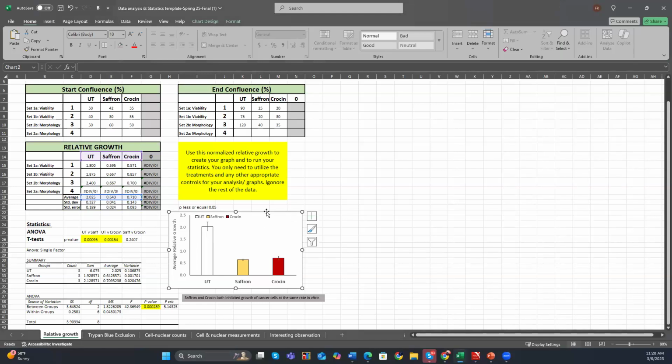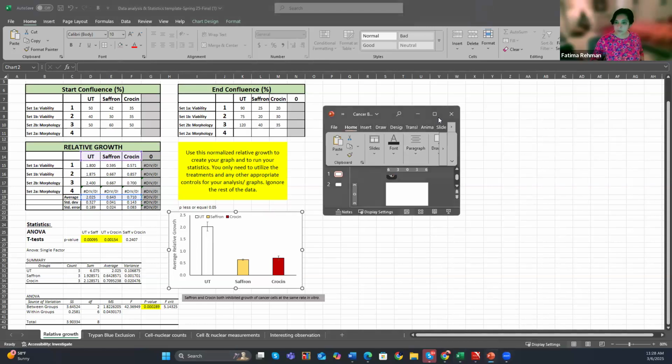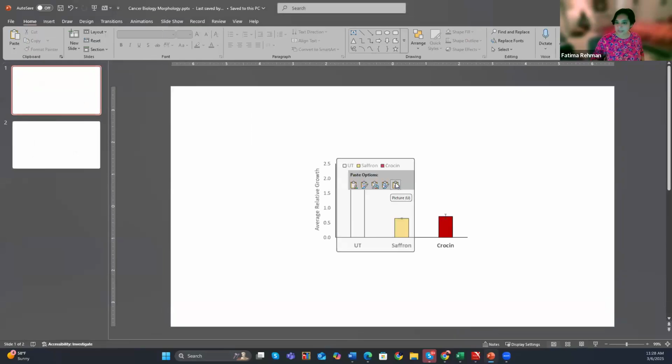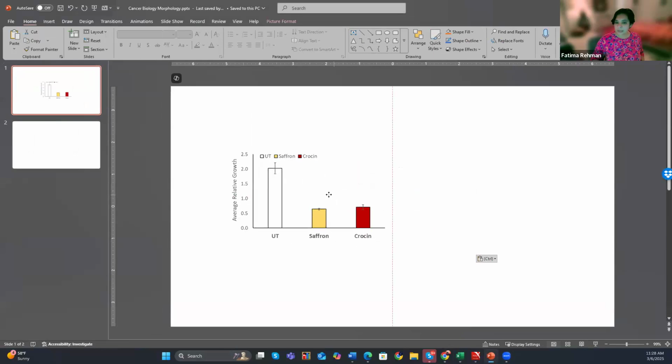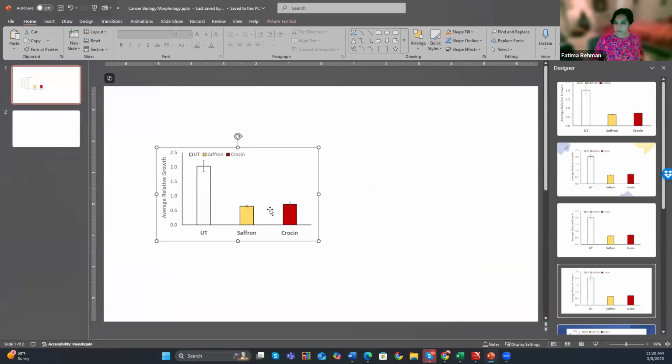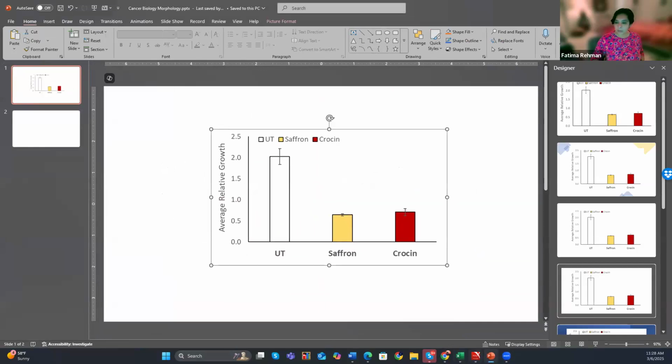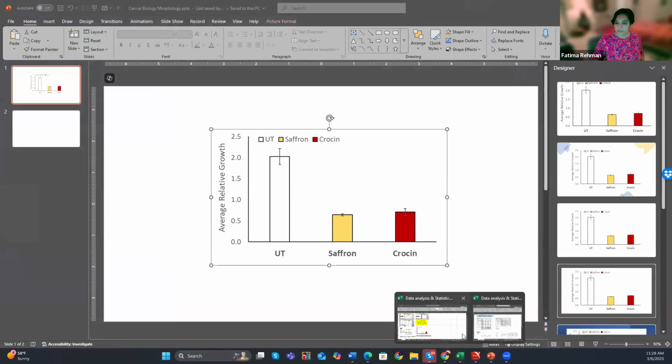Yes. Okay, so you're going to copy this, Control C. You're going to put it in here, but remember, keep those in the Excel as well in case you need to change something. And you're going to paste it as an image, right? And then you can make it big, small, whatever you want. And what you're going to go along with this is going to be your conclusion.